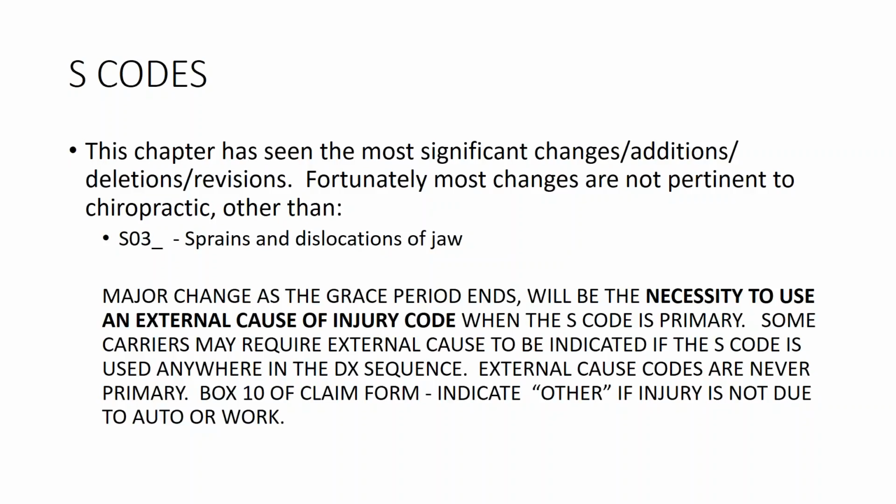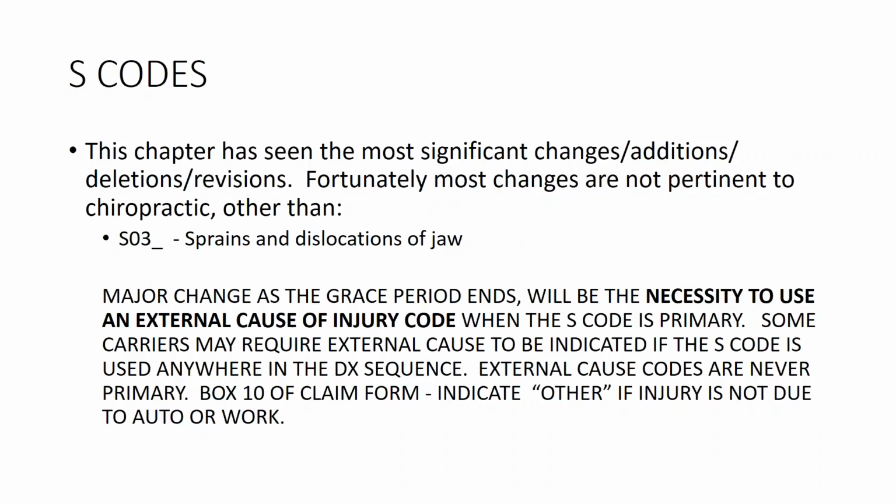Now, fortunately, as I was looking through the database, most of the changes in the S codes really were not pertinent to chiropractic. The sprain strain codes I did not see in the revision database as having any changes to them.